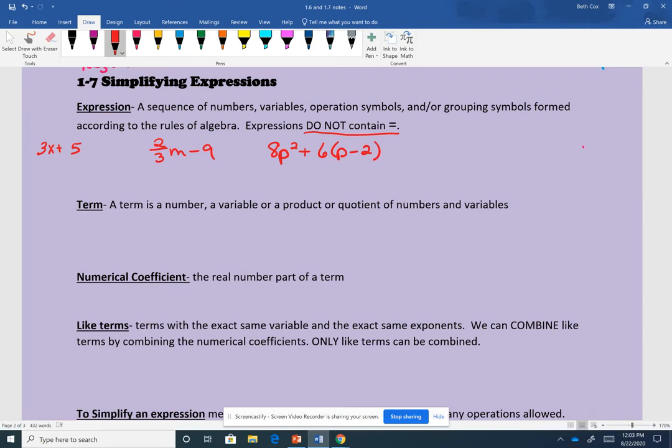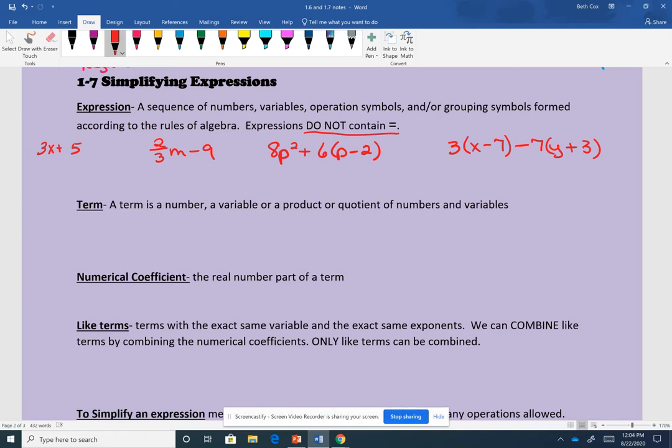That's an expression. There's no equal sign here. And here's 3 times parentheses x minus 7 minus 7 times parentheses y plus 3. These are all expressions. They do not contain an equal sign. They have numbers, variables, operation symbols, grouping symbols, according to the rules of algebra.